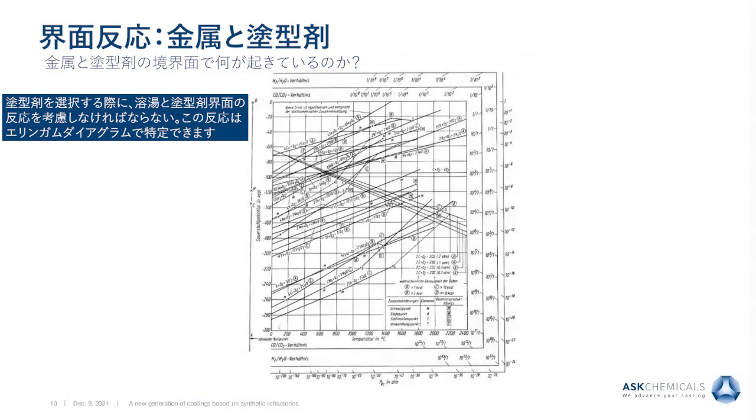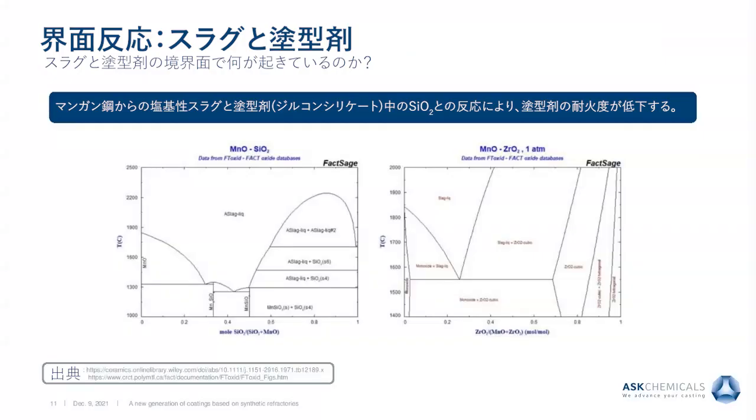Of course, if we select a coating, we have to consider reactions between metal and coating. This you can deduce from the Ellingham diagram, which you know very well as foundrymen. Of course, we also have to consider a reaction between slags and coatings.